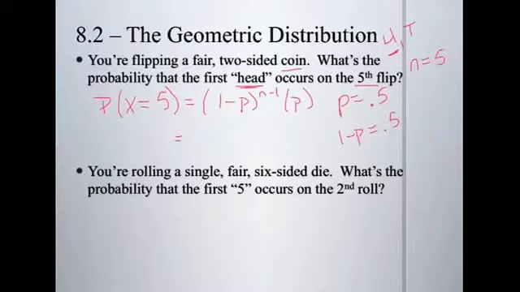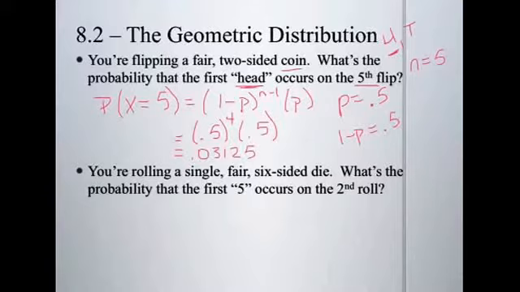I didn't get heads on the first 4 times because it says on the 5th time I got heads. So 0.5 is still the probability of not getting heads, or getting tails. And I got that 4 times. And then the last time, on the 5th try, I got heads. I multiply those together. And I get 0.03125.